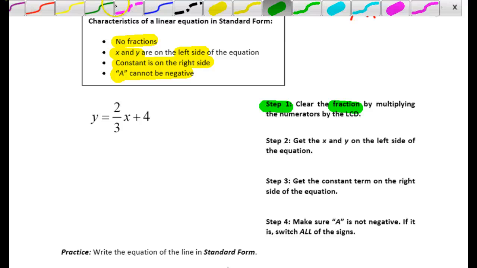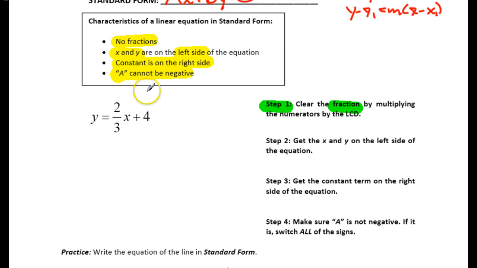Okay? So, I see that my fraction here is 2/3. So basically I need to get rid of that bottom number. And remember, fractions mean 2 divided by 3, so I'm always doing the opposite. The opposite of dividing by 3 is multiplying by 3. So I'm going to multiply this fraction by 3.